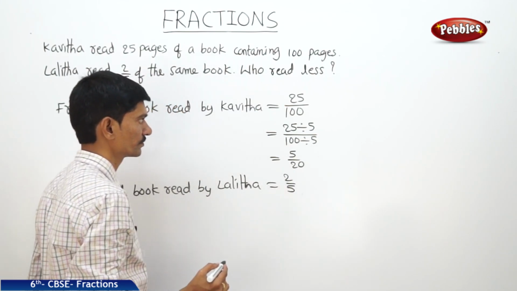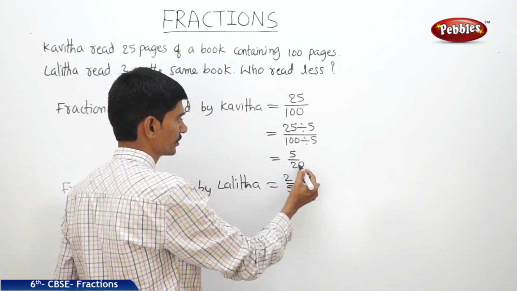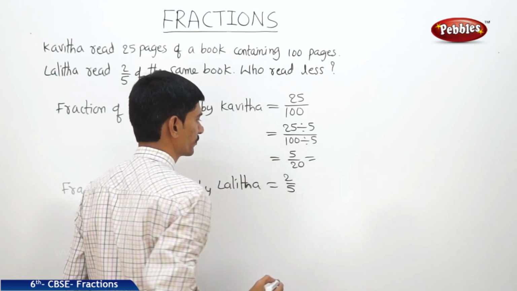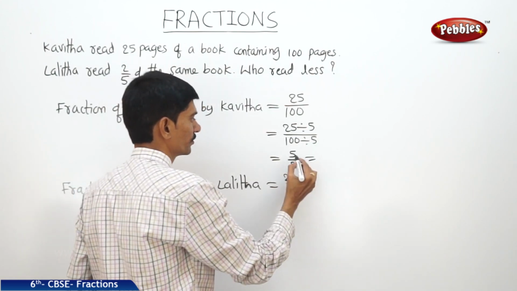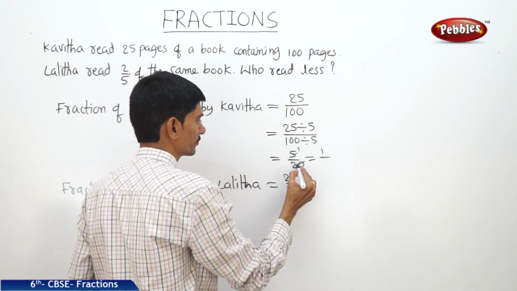So we write 5 by 20 in the simplest form as 1 by 4, since 5 ones are 5 and 5 fours are 20.